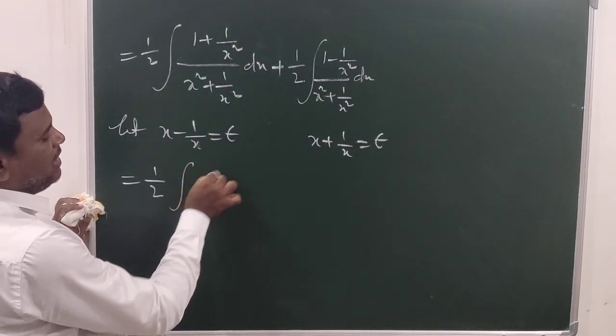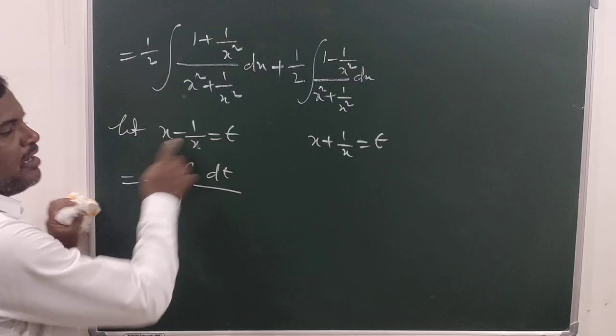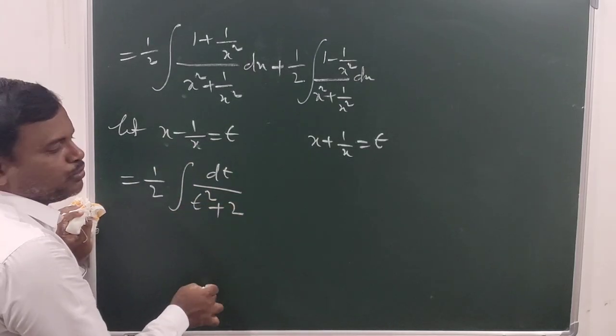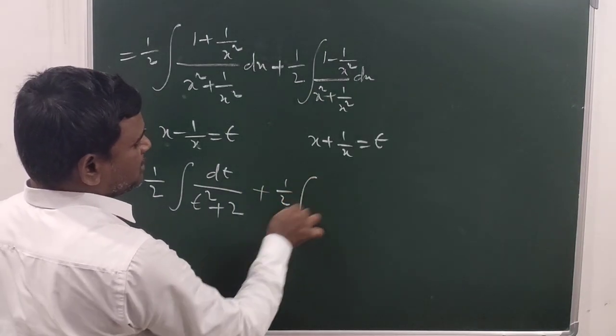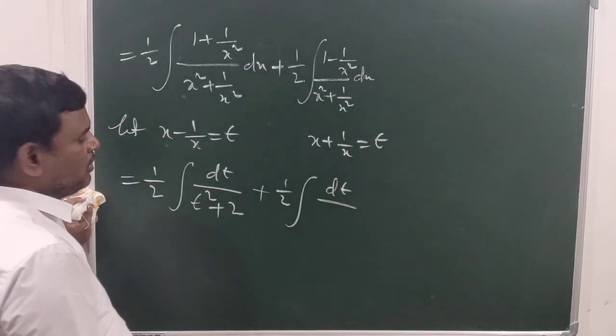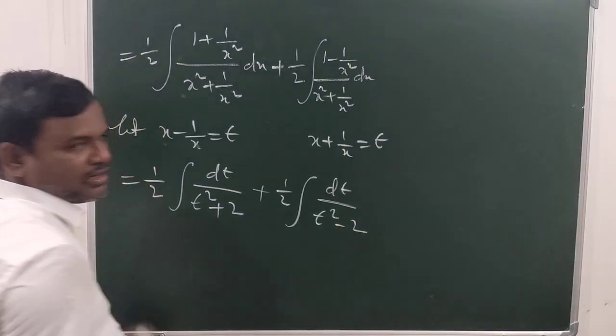So here, dt you will get. What about this x square plus 1 by x square? Take the square on both sides. You will get t square plus 2. And there also, in the numerator portion, so dt come to the denominator. So you get here t square minus 2 you will get.